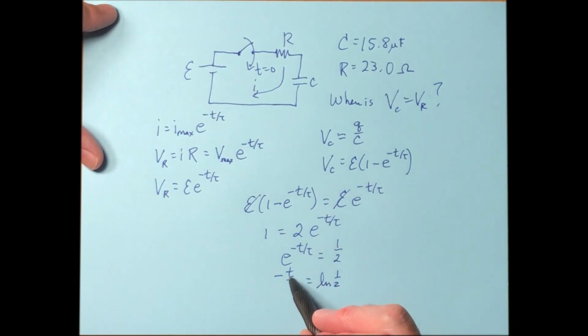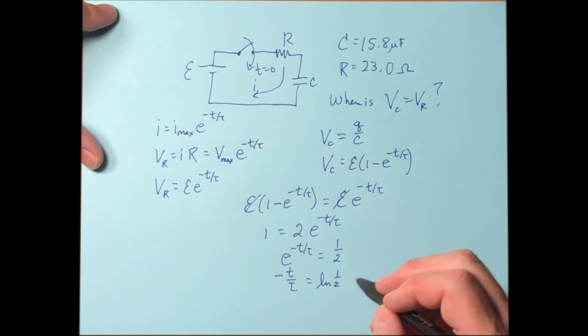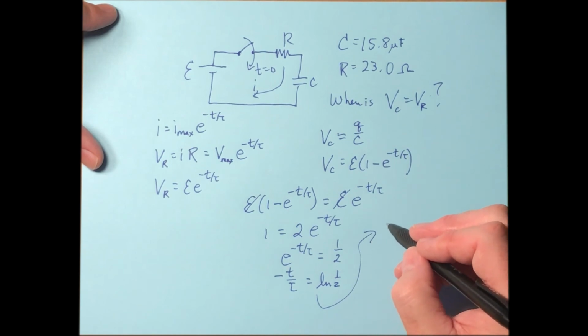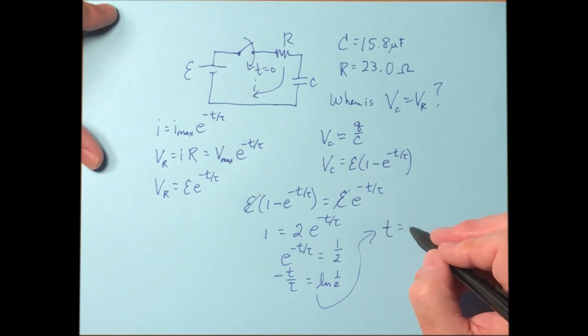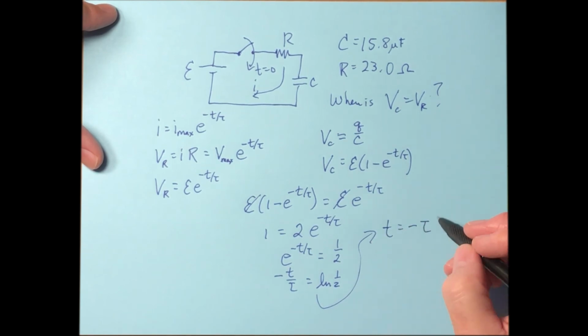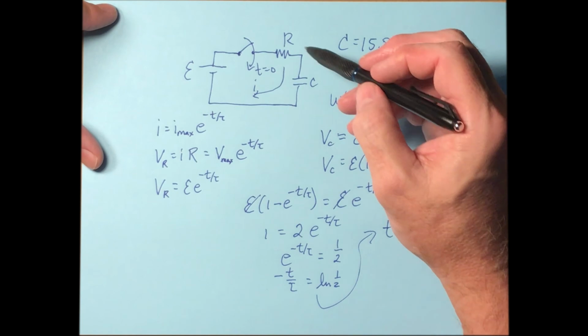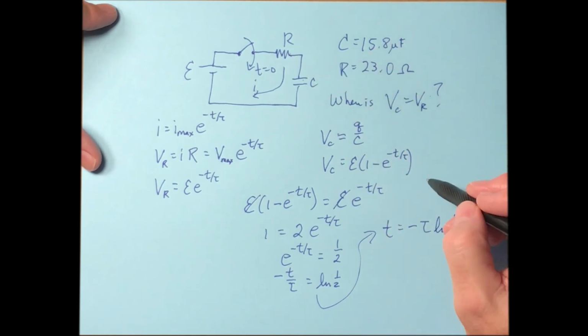All right, let's get rid of the tau. We'll multiply by negative tau, and this becomes t equals negative tau times the natural log of 1/2. What's tau? We're talking about an RC circuit, so tau equals RC.